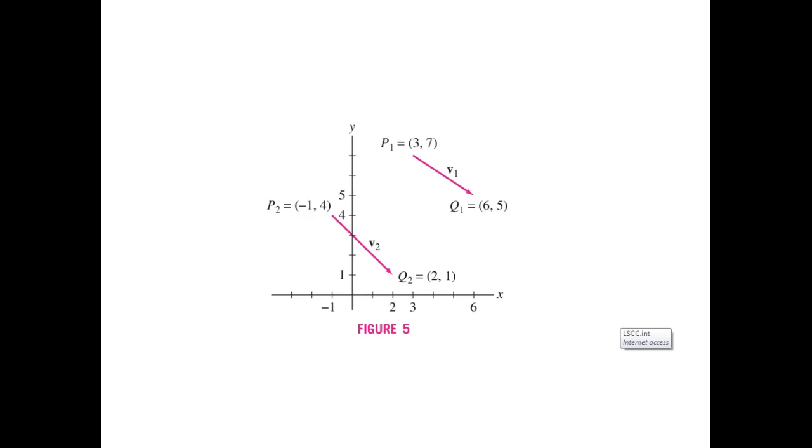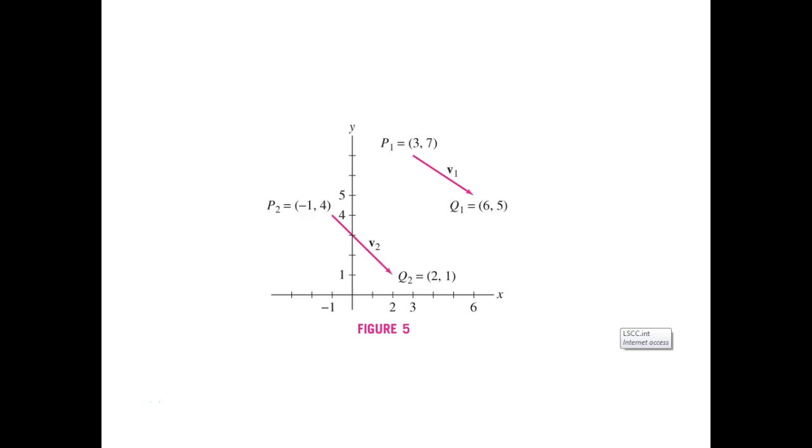Looking at it, though, isn't the best way to do that. The best way is calculate their components. What are the components of V1? You calculate A and B. Oh, A and B, I know from the previous thing.